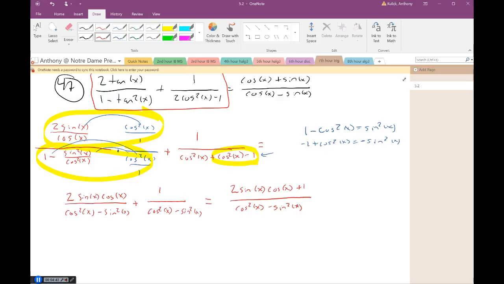What do I want to do now here? I thought I would have something more obvious to deal with in the numerator.